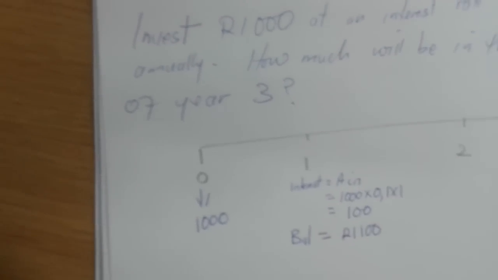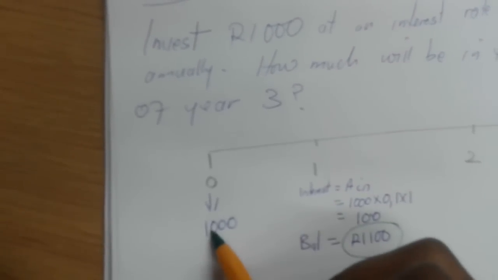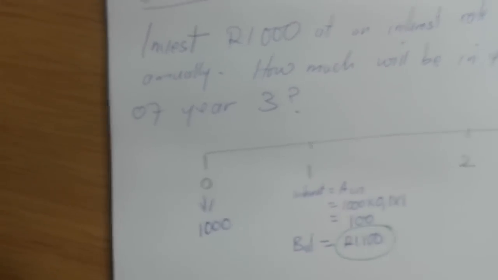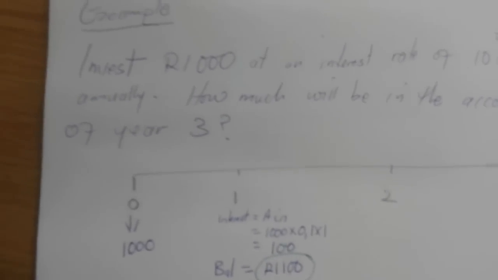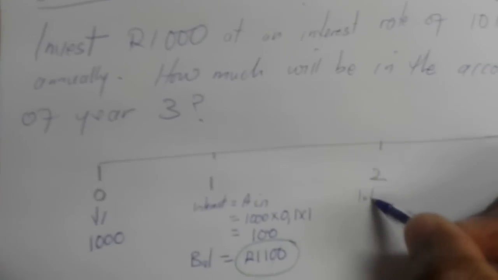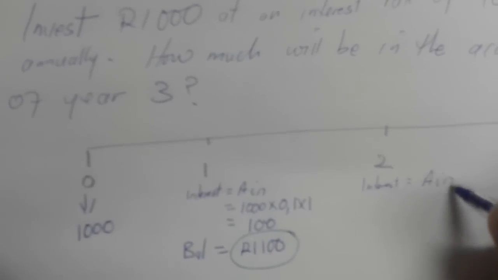Now, what this means is the balance in the account is now going to be 1,100. So take note of this. The interest is now added, and the new balance is 1,100. Now, at the end of year 2, we are again going to use the same formula, which is interest is equal to AIN.